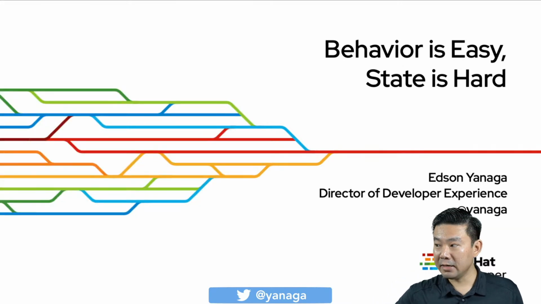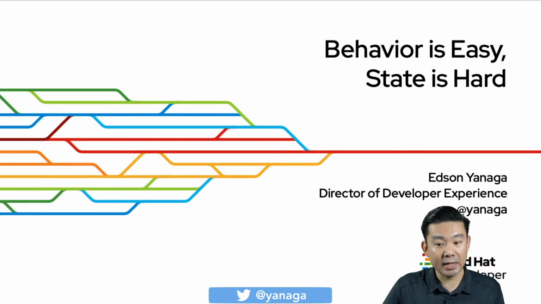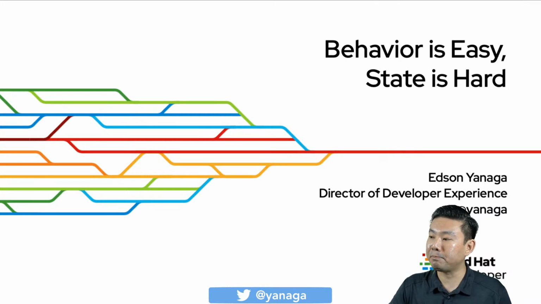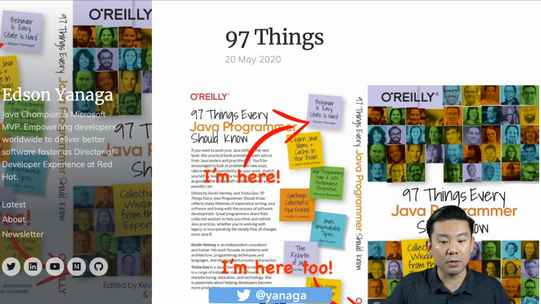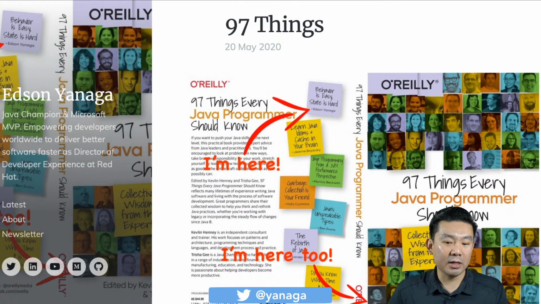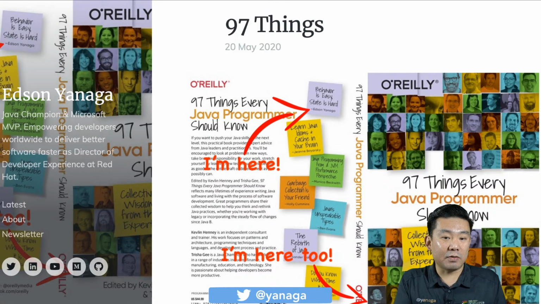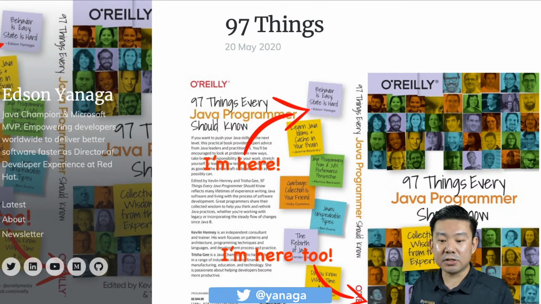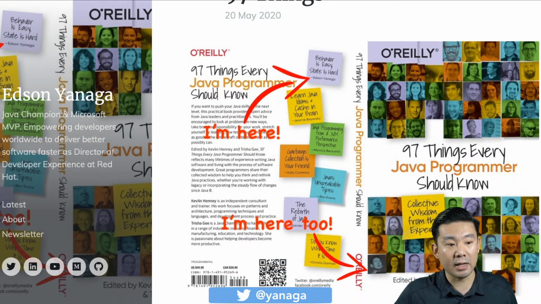Okay. Here I have my slides, and by the way, I just shared on the chat a link to my blog post about 97 Things, a book published by O'Reilly, and I think it was released this week. At least that's when I noticed it was published. And the subject of the talk today, behavior is easy, state is hard, is one of the articles featured in the book.